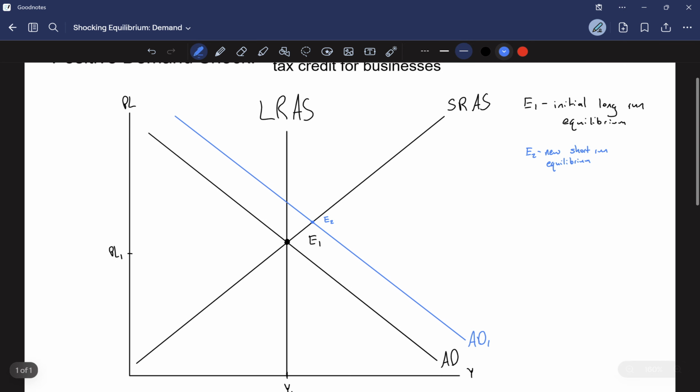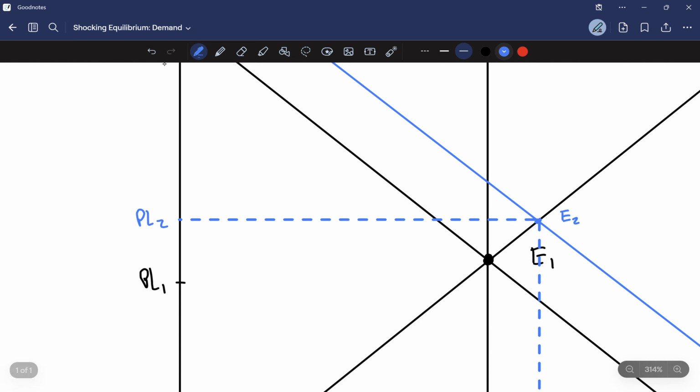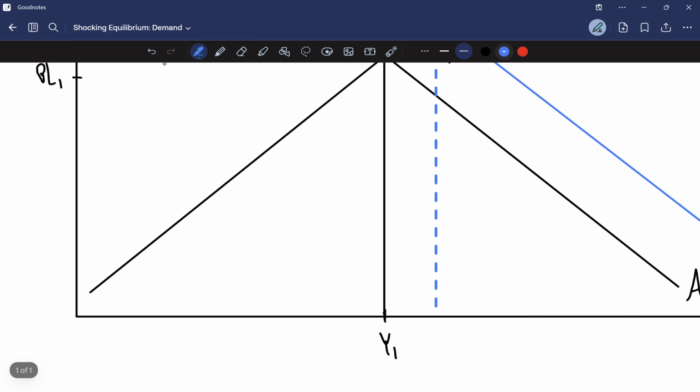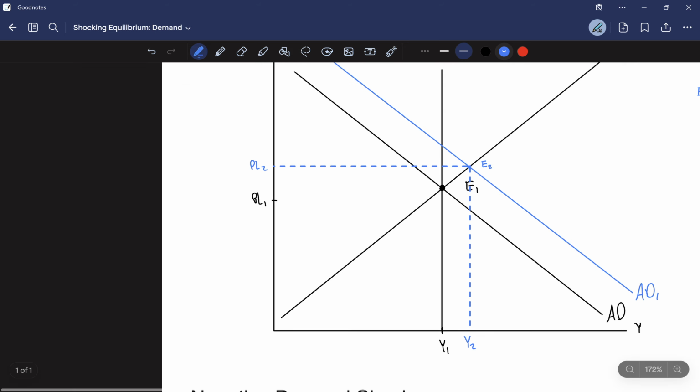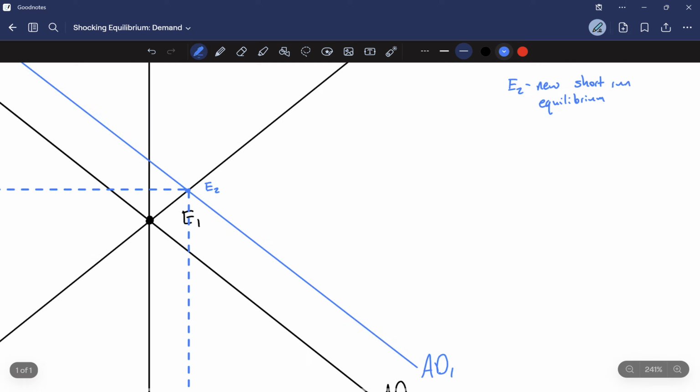Now, what can we notice about this new equilibrium? Well, let's draw our points out to the axes. We'll see that we have a new price level and a new output. Our price level, we'll call it PL2, and our output, we'll call it Y2. Now, what do we notice about this? We see that both price level and output are greater than our original price level and output.